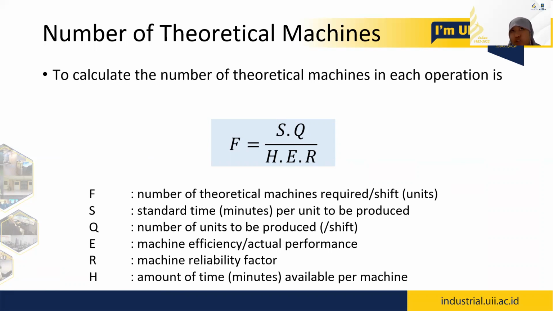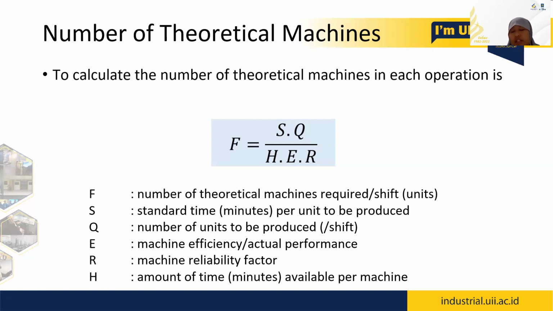Let's say each product or each part needs 1 minute from when the operator puts the material inside the machinery until the machine stops making, and then the material handler or the operator moves it to the other part. Okay, so we can call it the standard time to be produced.